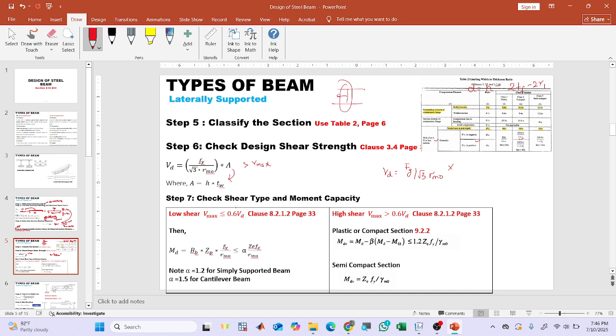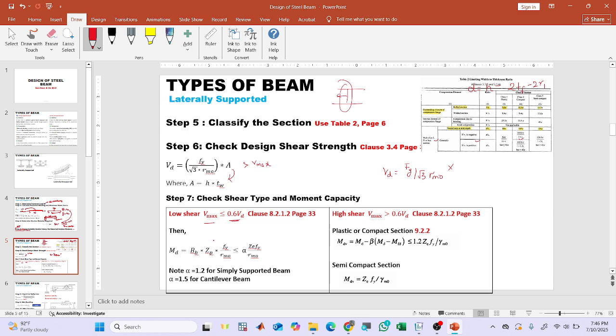After that, we will check whether the I section is in low shear or high shear. For low shear, if Vmax is less than 0.6 times Vd, then it is low shear. If it is greater than 0.6 Vd, then it is high shear.